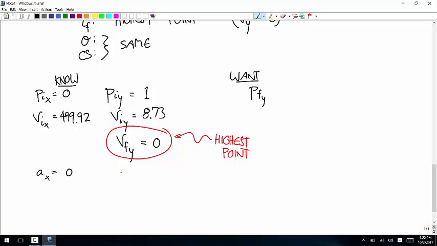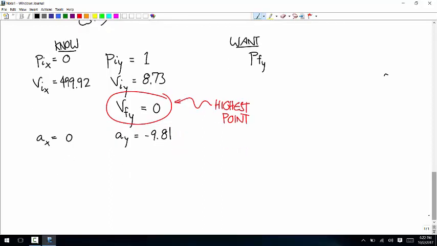So 0 x, negative 9.81 y. Okay, so is there an equation that works with these? I think this one will probably work. 2 times AY times the quantity PFY minus PIY is equal to VFY squared minus VIY squared.